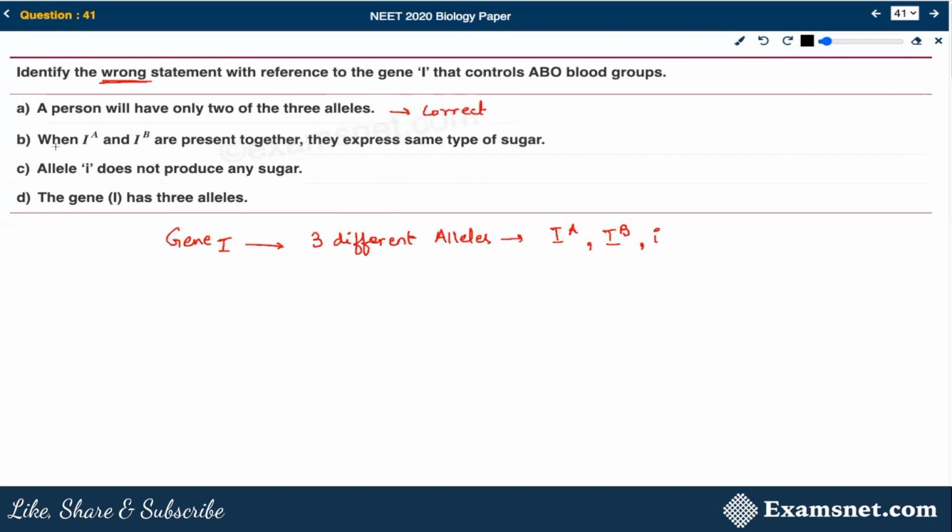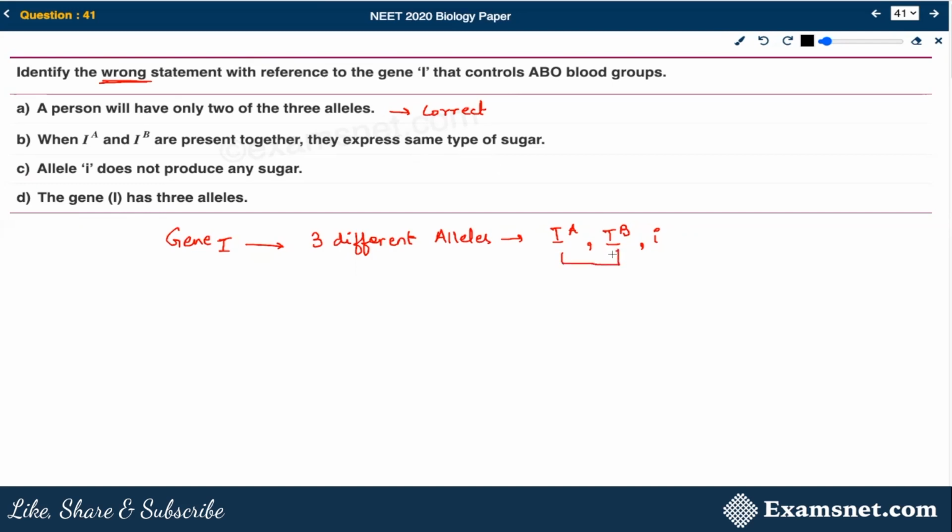Now, when the alleles IA and IB are present together, they produce a slightly different form of sugar, while the allele i does not produce any kind of sugar.